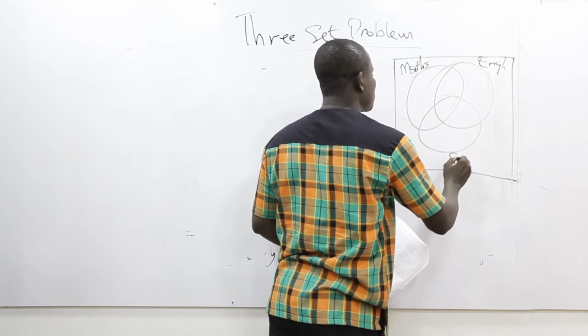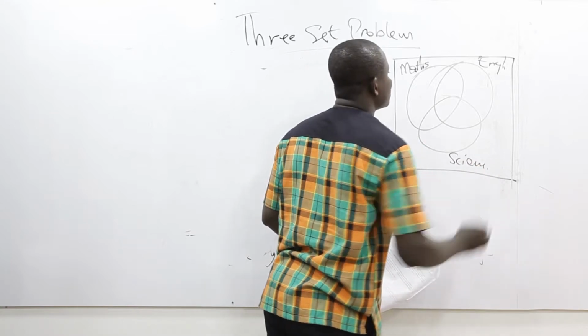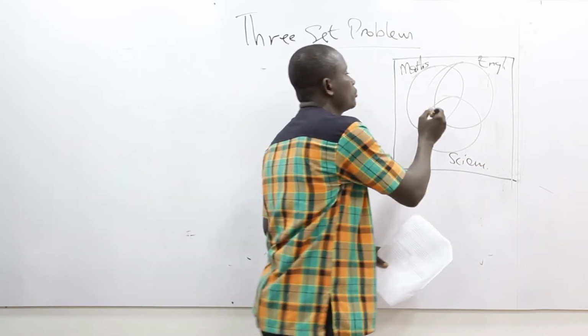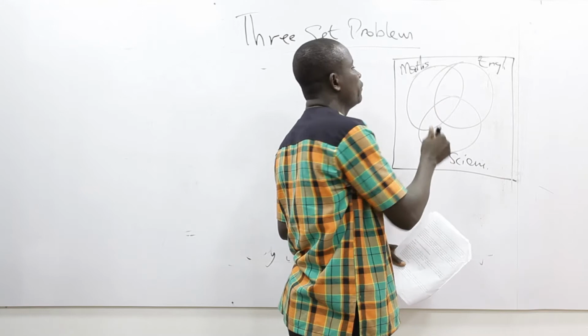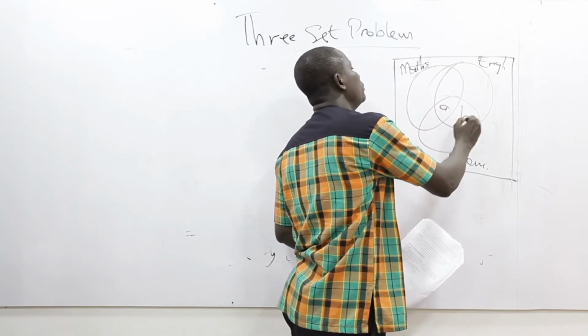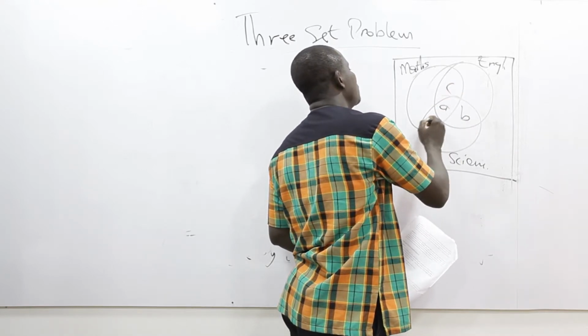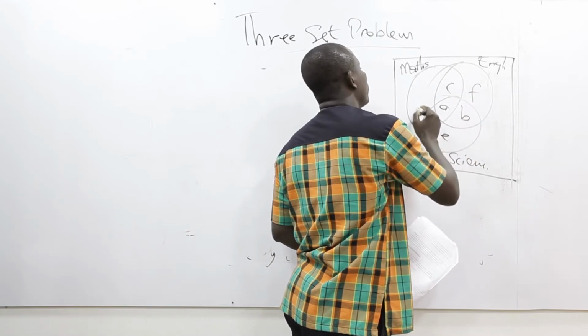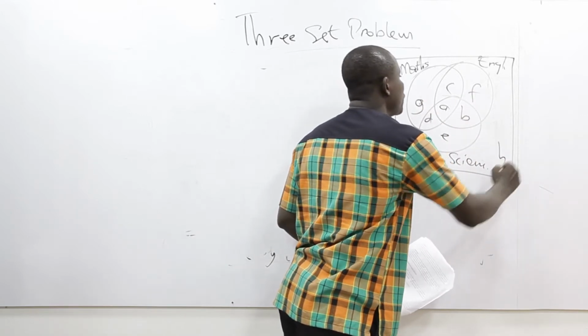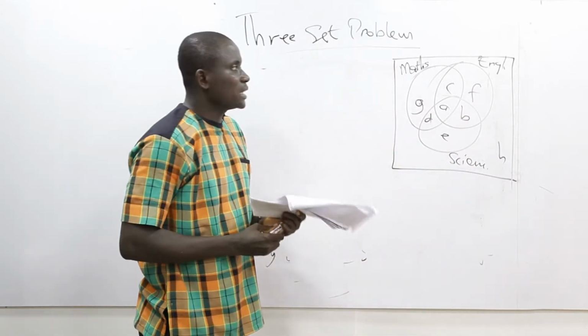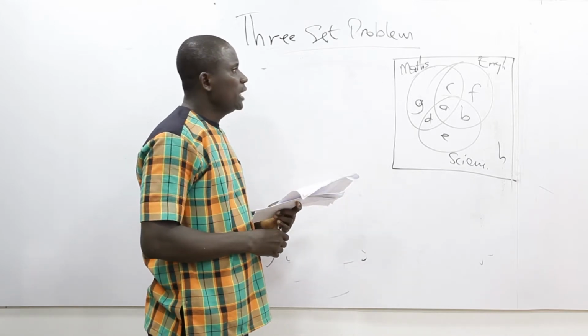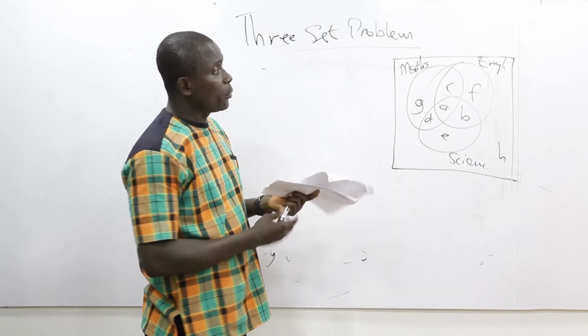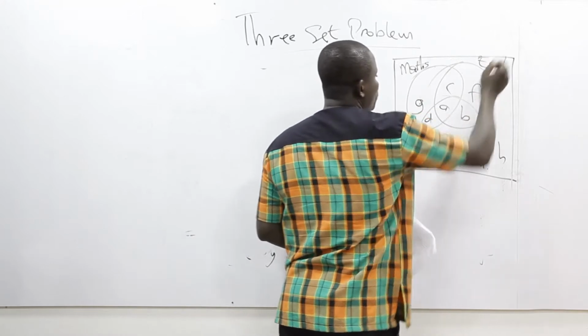And here is science. So we want to look at the various elements, A, B, C, D, E, F, G, then H. Let's explain this, because it's very important, and the universal set will be put here.